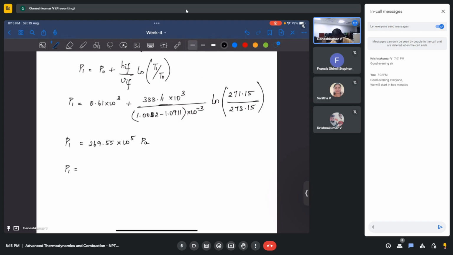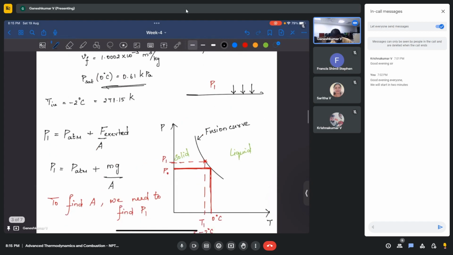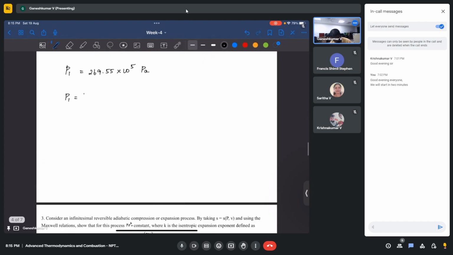So we already said that P is nothing but PATM plus mg by A. If we rearrange this, we can rewrite it as A equals mg divided by P1 minus PATM.